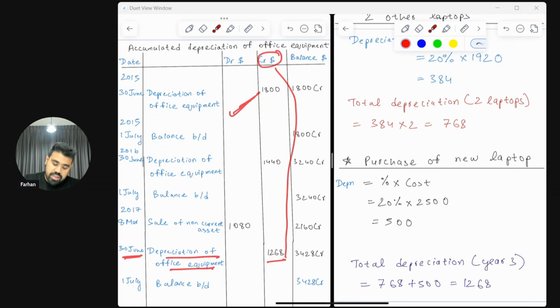So this $1,268 on the credit column gets added to $2,160 credit, which altogether gives us $3,428 credit as the balance. Okay, and obviously this gets carried forward on 1 July 2017, which is the opening balance of $3,428 credit.